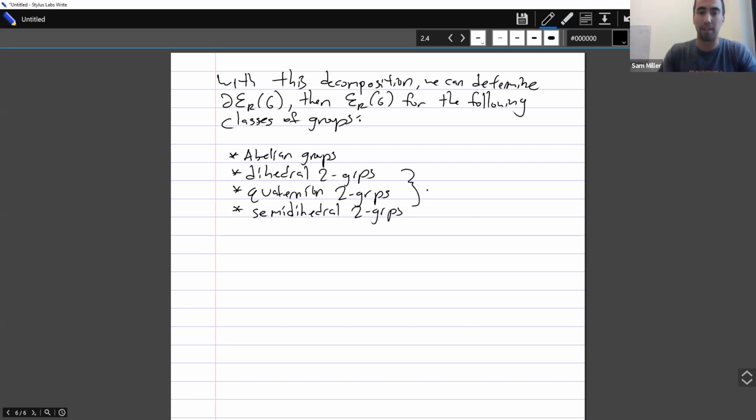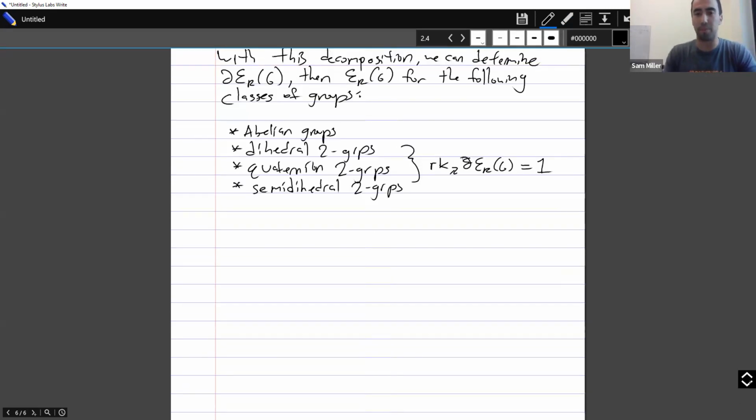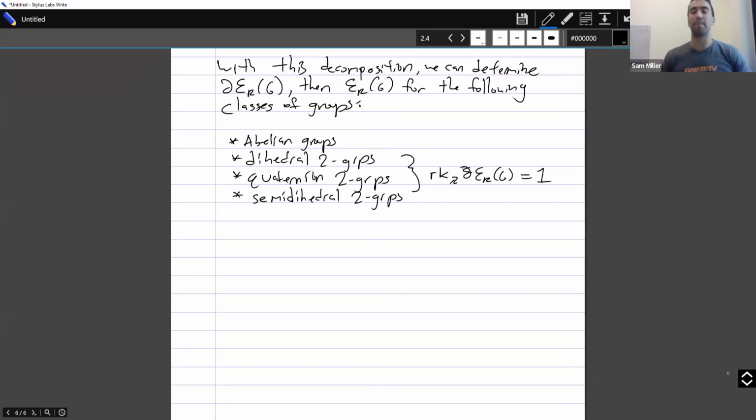And for all of these, it turns out that the Z rank of partial EKG is equal to 1. There's always one faithful endotrivial complex, which for it and all of its duals generates the rest of the group.